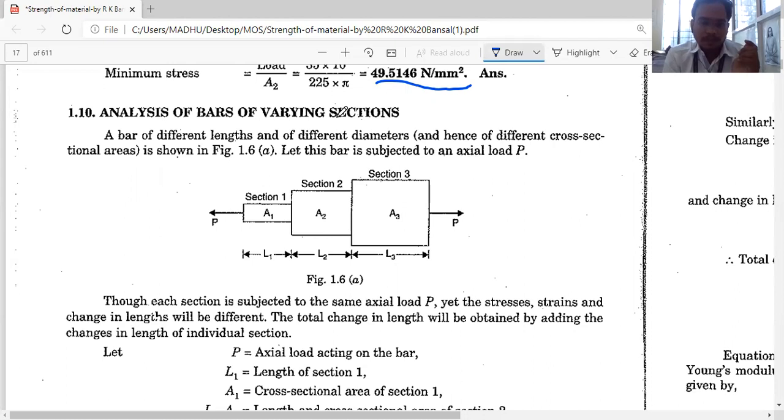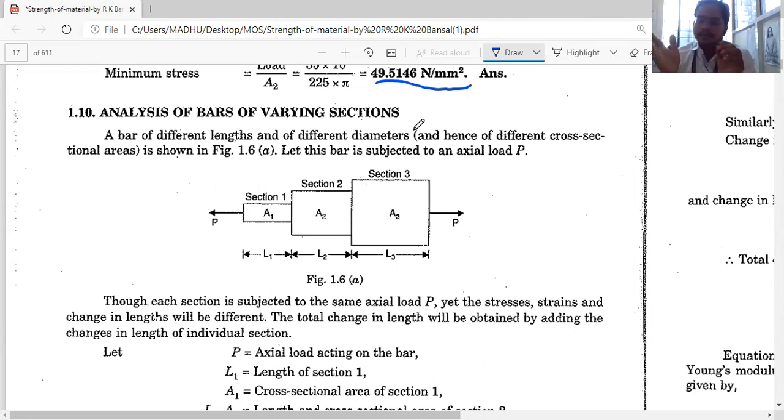Analysis of bars of varying sections. A bar of different lengths and different diameters, so let us look at this stepped bar. Analysis of bars of varying sections means there is a single bar.